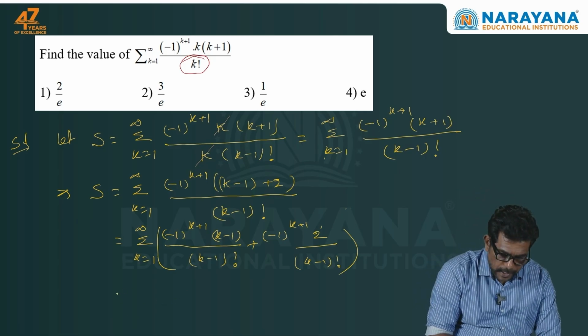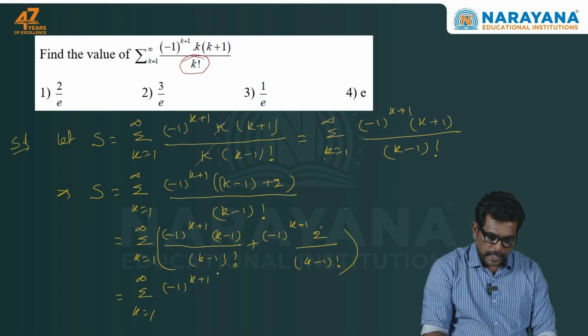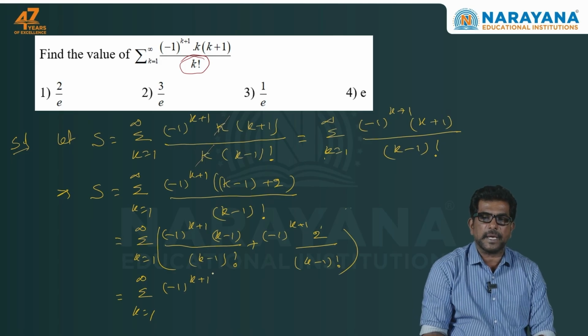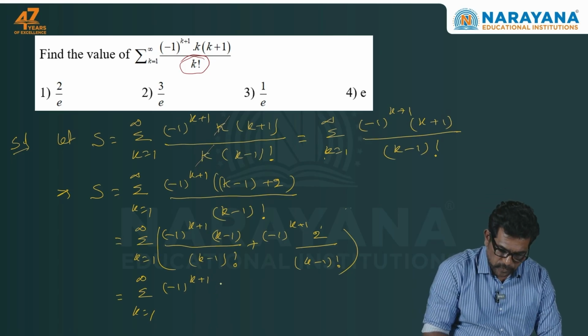Now separately I am writing this as summation k is equal to 1 to infinity (minus 1) whole to the power of k plus 1, whereas in the numerator k minus 1, in the denominator (k minus 1) factorial. So this (k minus 1) factorial can be written as (k minus 1) into (k minus 2) factorial.